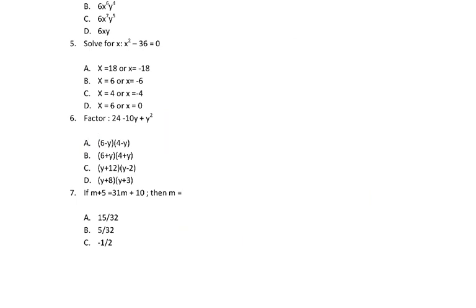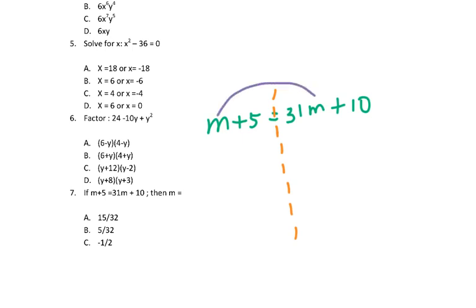For number 7, you will get m plus 5 equals 31m plus 10. This is a linear equation, so the keyword is isolating. I need to move variable m to the right side and the constant number 10 to the left side.